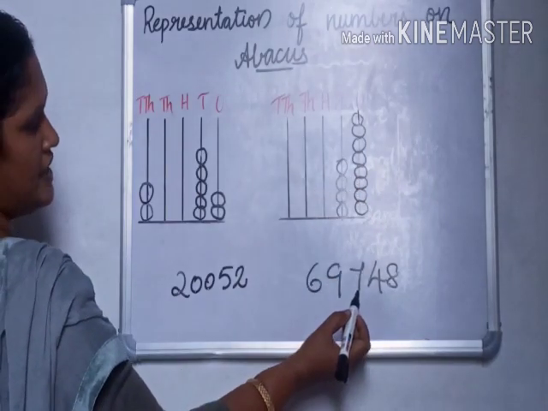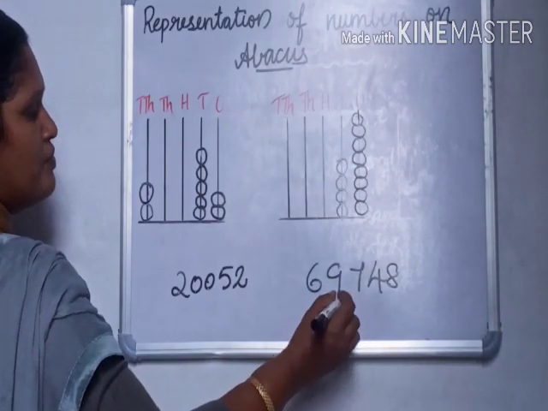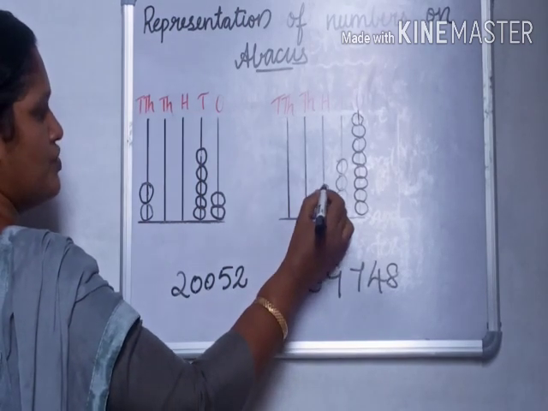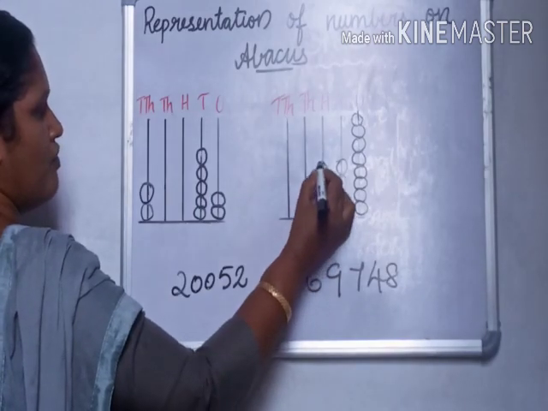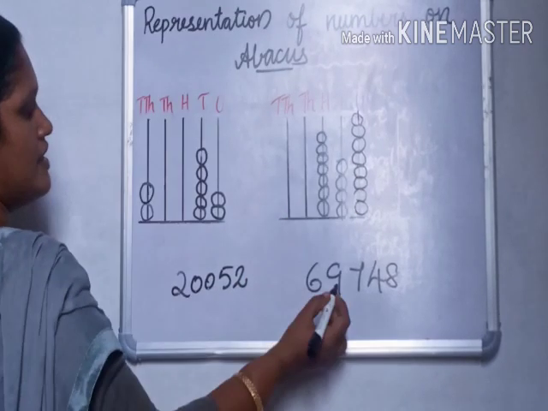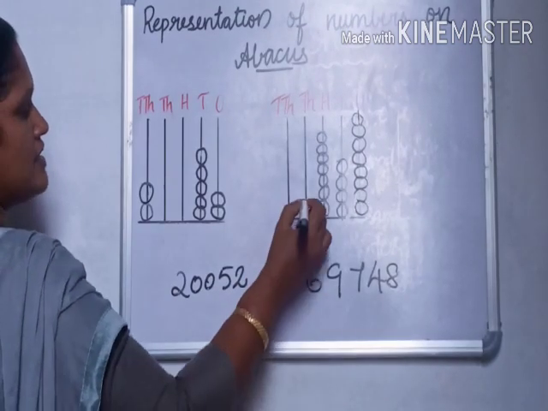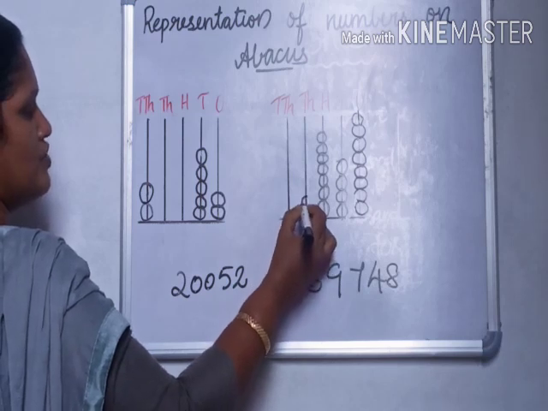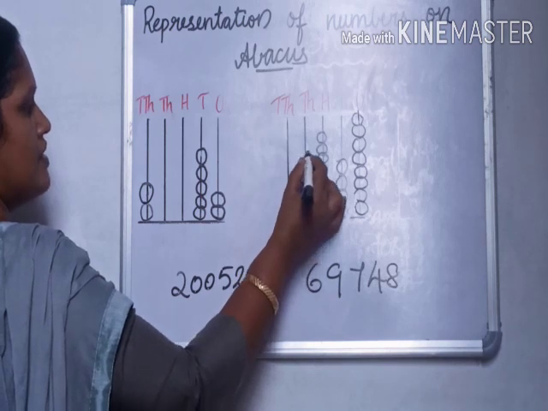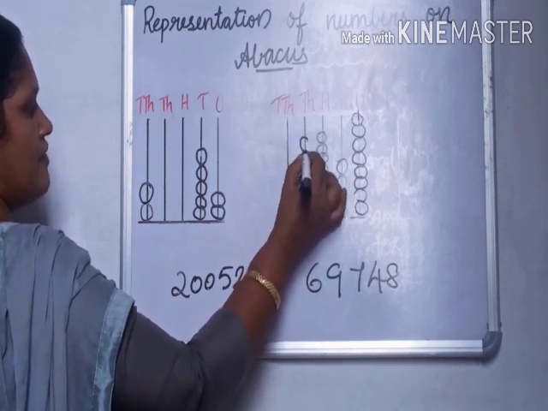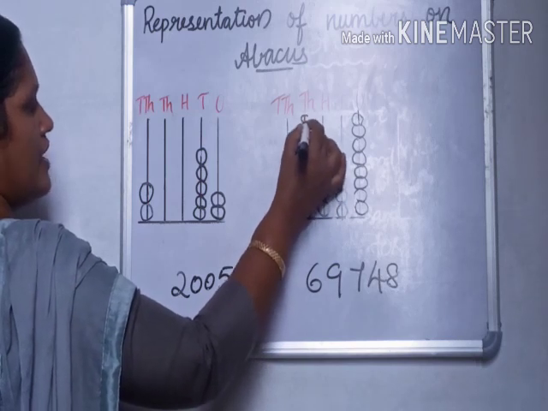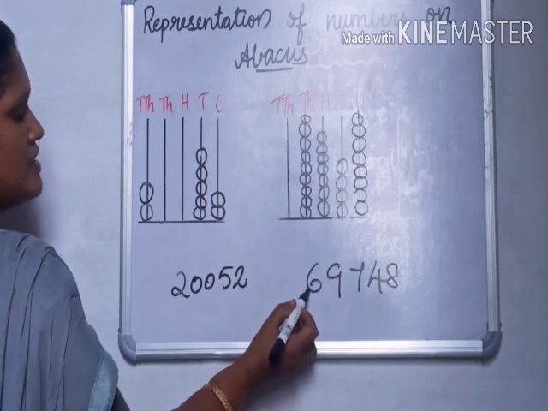In hundreds place here 7. So we have to put 7 beads here in hundreds place. 1, 2, 3, 4, 5, 6, 7. Then in thousands place 9. 1, 2, 3, 4, 5, 6, 7, 8, 9. In 10,000s place 6.